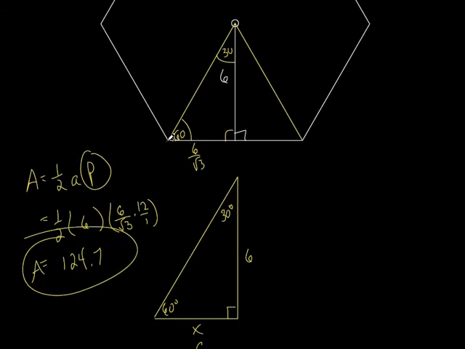So to find the perimeter, you had to find the length of this little segment right there. And then you multiplied it by 2 to get the whole side, multiplied it by 6 to get the whole perimeter, and that's where we got the 12 from. You understand where we got that 12? Because it's times 2 times 6. 2 times 6 is 12, so I just multiplied it by 12. Is that making a little bit more sense?